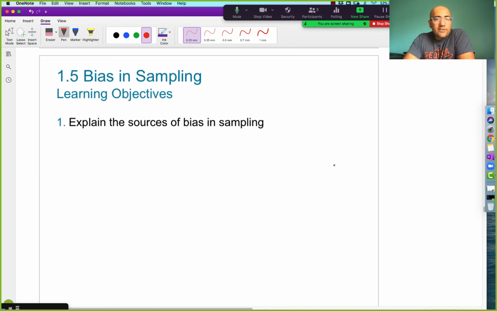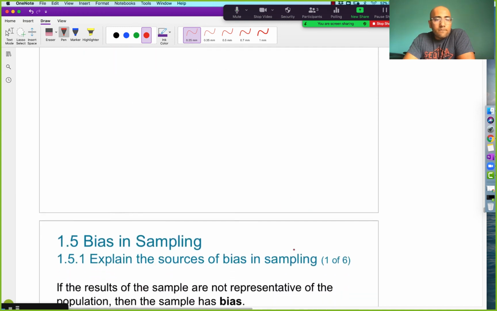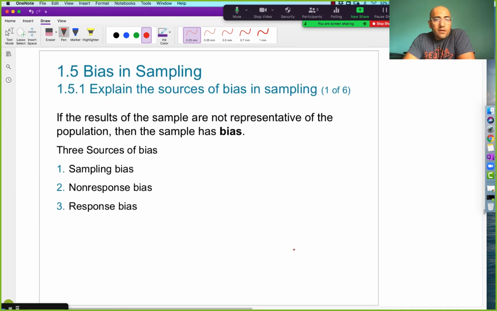Okay. In this last section, we want to talk a little bit about biases. So, some definitions. If the results of the sample are not representative of the population, then the sample has bias, right?